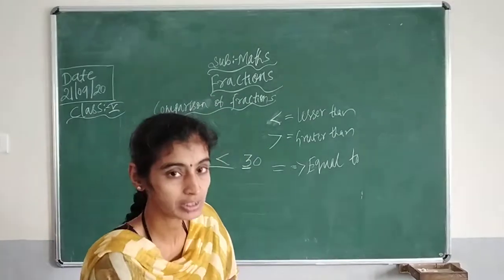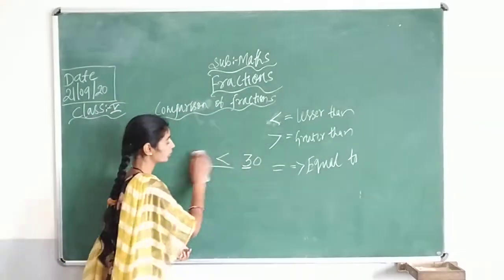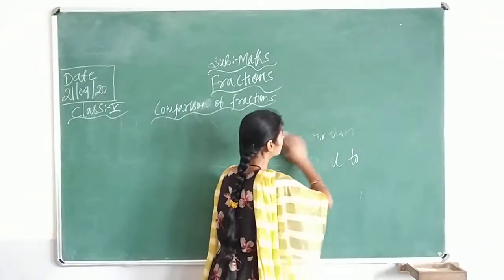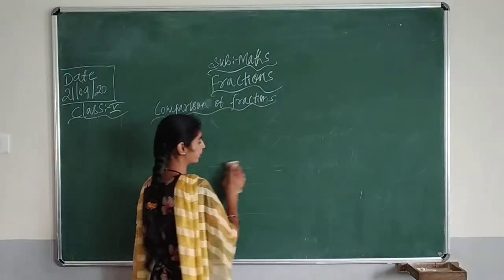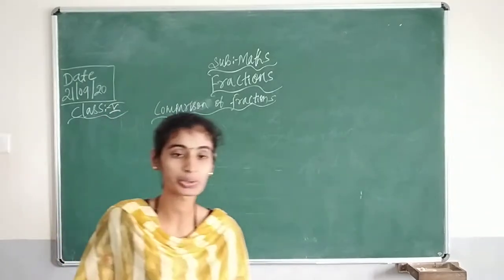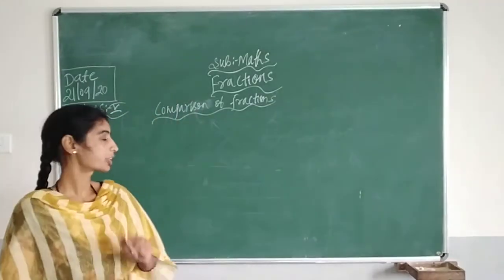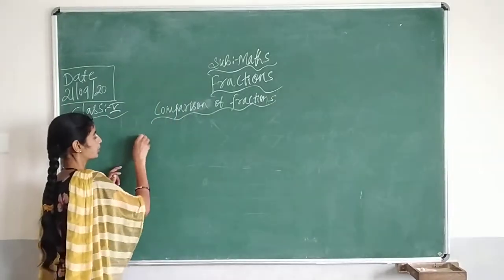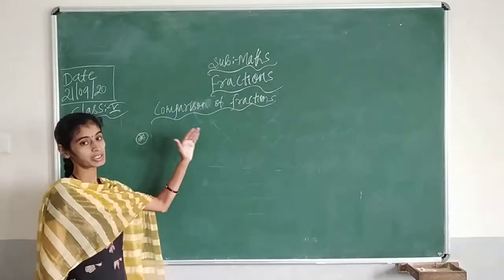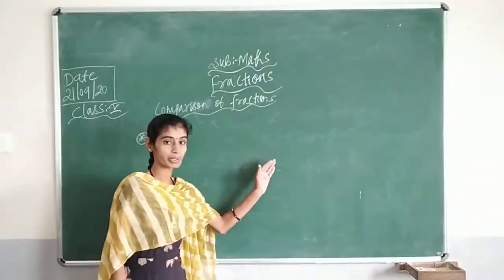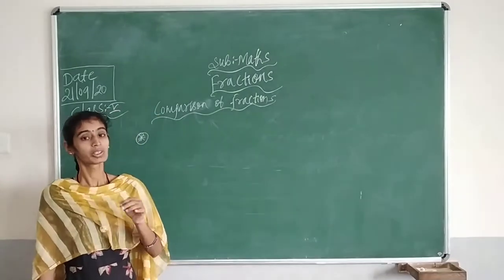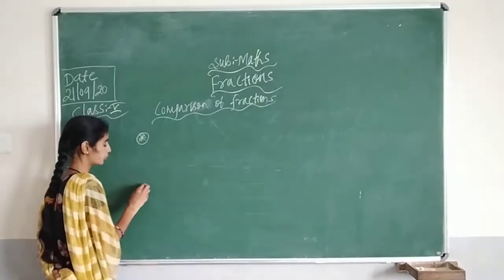Shall we take some examples? In fractions we get two types of comparison: first, when the numerators are same, and second, when the denominators are same. I am going to explain.